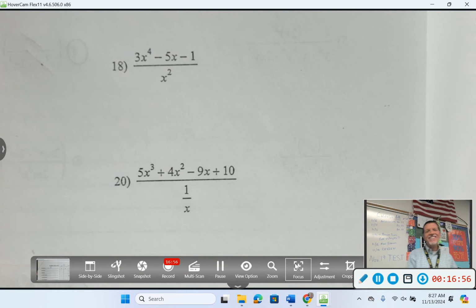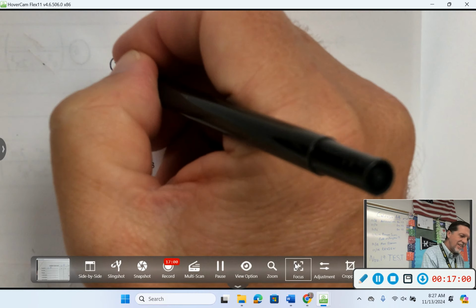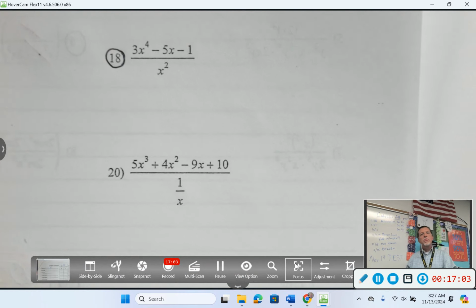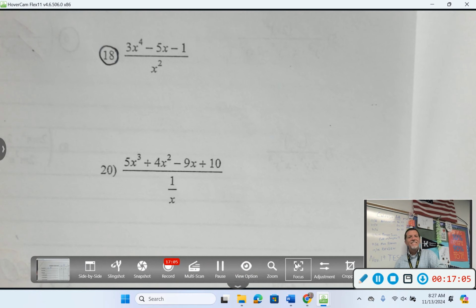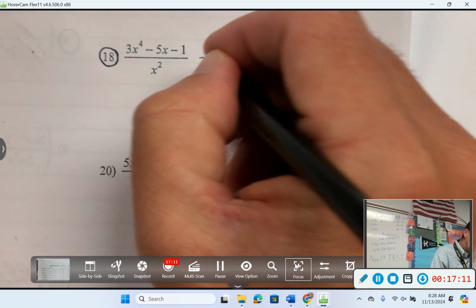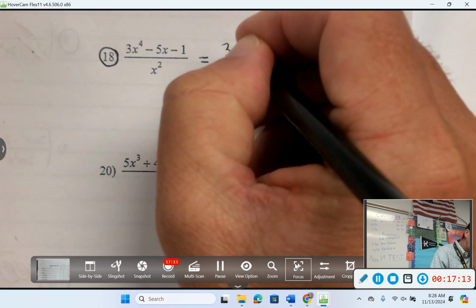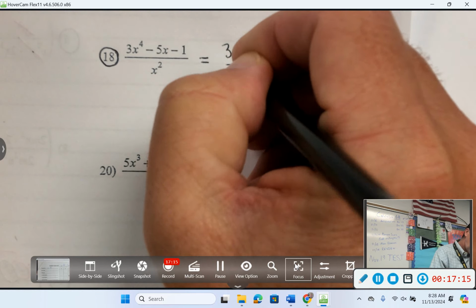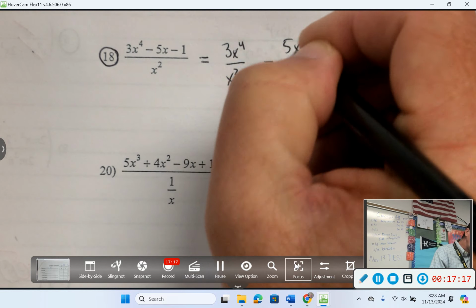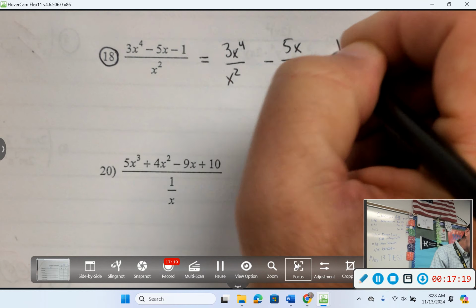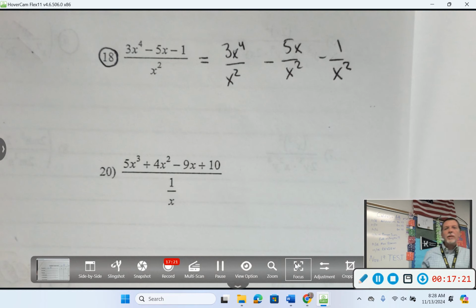Let's get number 18. Take notes. I think this is easier. We can cancel this. You can, but be careful. You have to cancel them out one piece at a time.